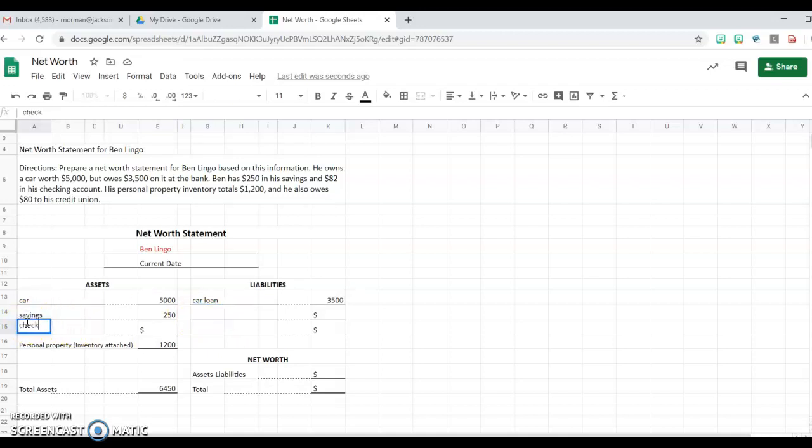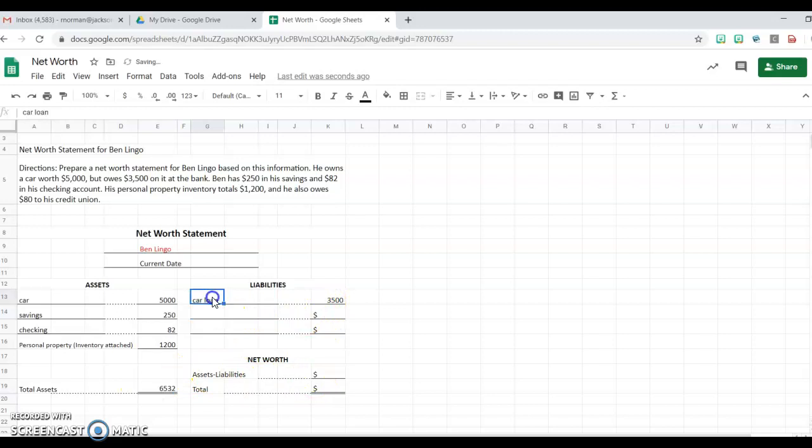That's my fault. And it was $82. So we need to add $82 to this amount. So $5,250. Oh, I'm going to need a calculator probably now. 5,000 plus 250 plus 82 plus 1,200 is $6,532.